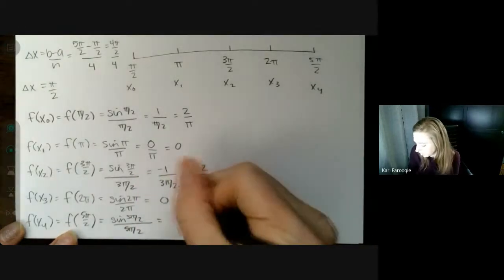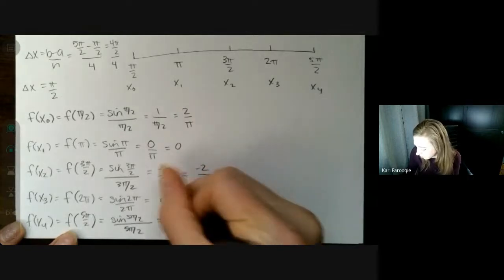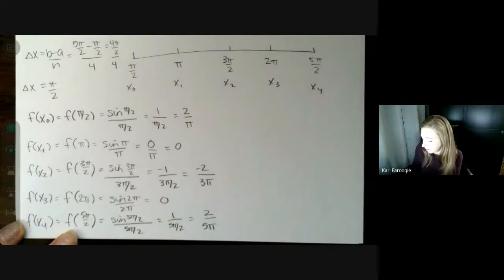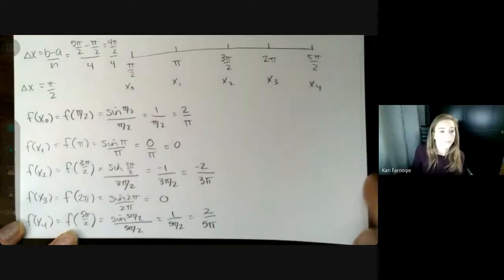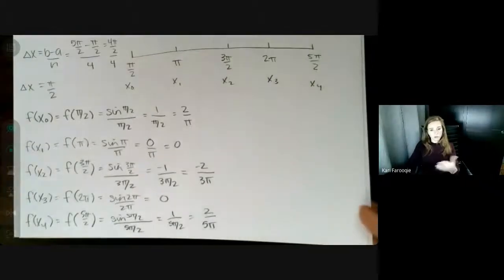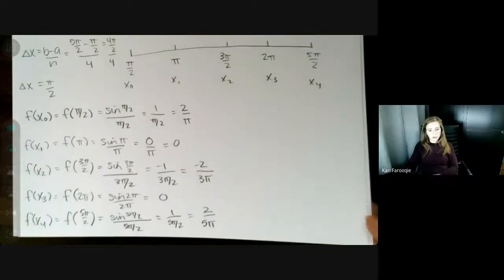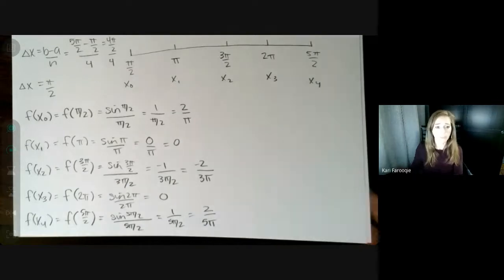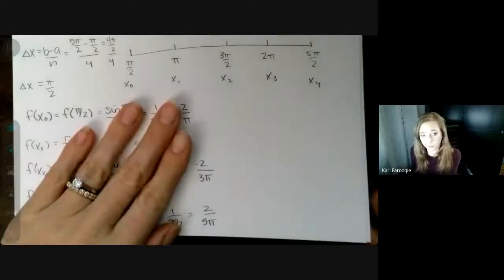The sine of 5 pi over 2 would also be 1. We'll get 2 divided by 5 pi. So 2 of these data points, we can enter as 0 just so that we can show them as placeholders in the formula, but they're not actually major quotients that we have to enter into our calculator. Any questions so far?